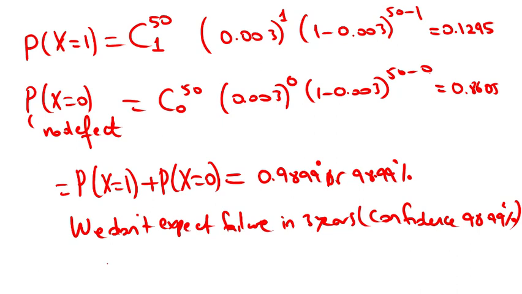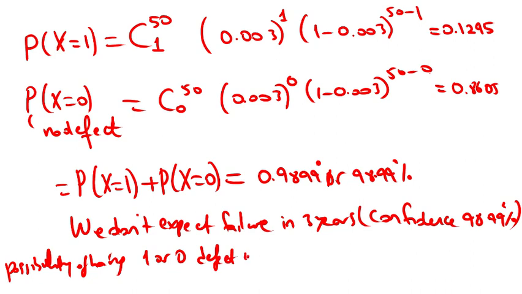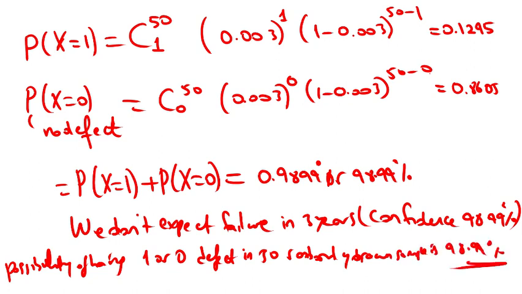Okay, or you can say that the possibility of having one or zero defect in 50 randomly drawn samples is 98.99%, which is a very high value because the p-value is small. You can see the p-value is very small.